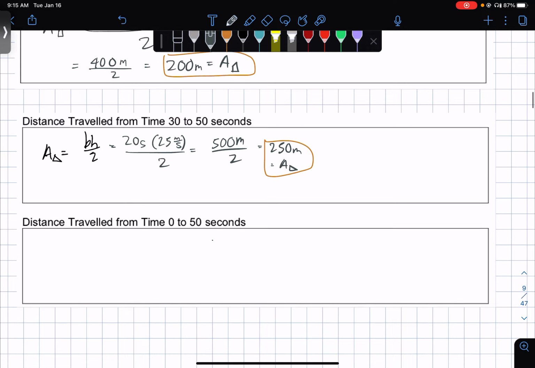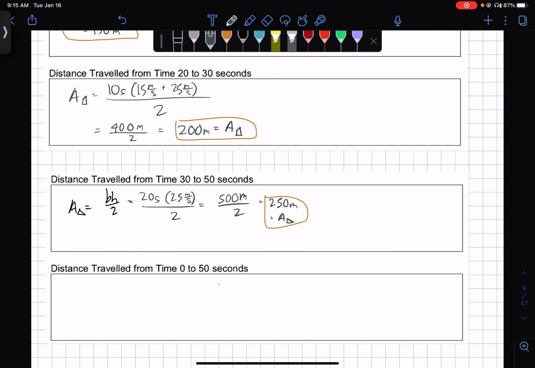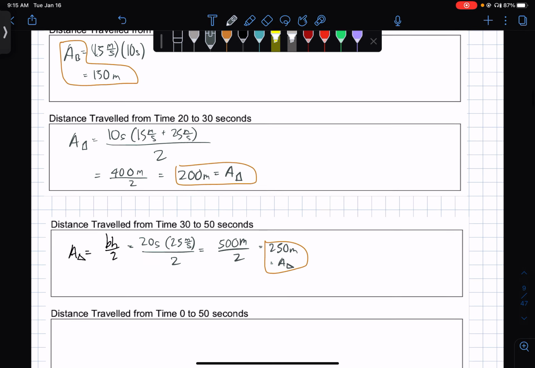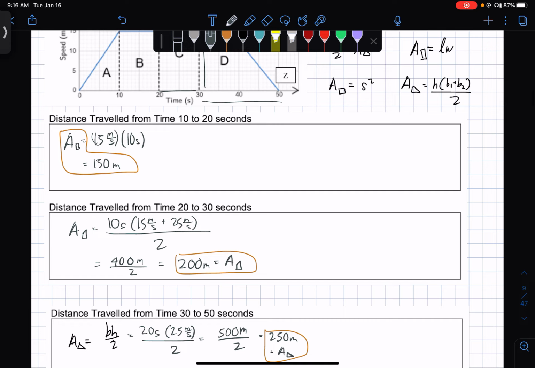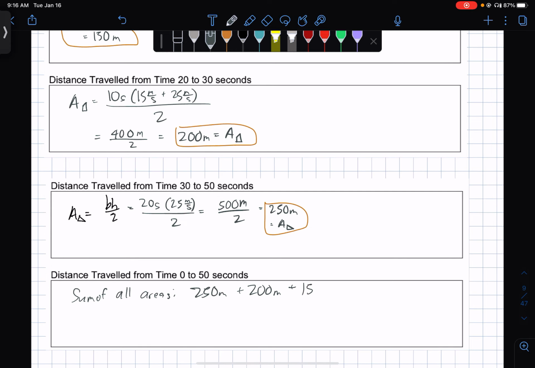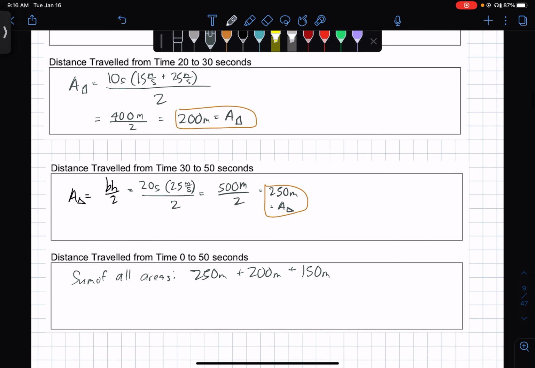Kindly disregard that information, the one I just erased, and just find the sum. So let's start with 250 and then 200 and 150. What's the last one? 75.